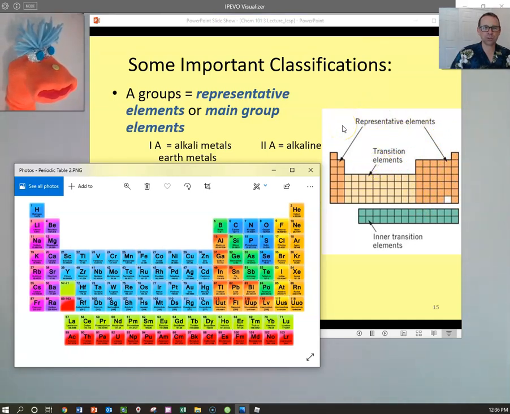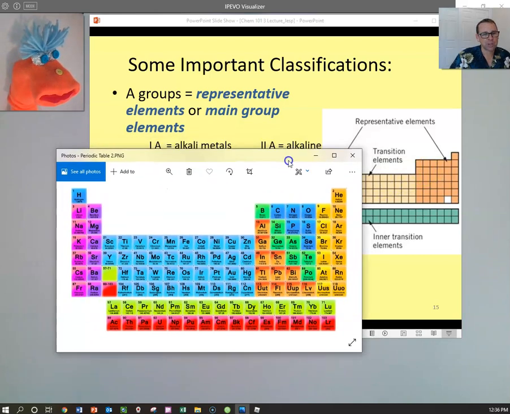And that's because there are certain rules in chemistry that are followed really well by the representative elements. Not so much by the transition metals and the inner transition metals always. And so we call these the representative elements, and often we'll refer to the representative elements when we're learning the rules of chemistry, because they follow them very well.